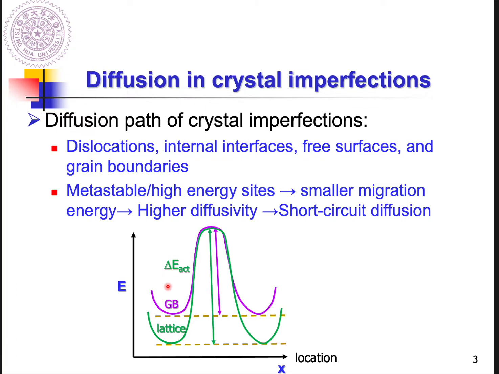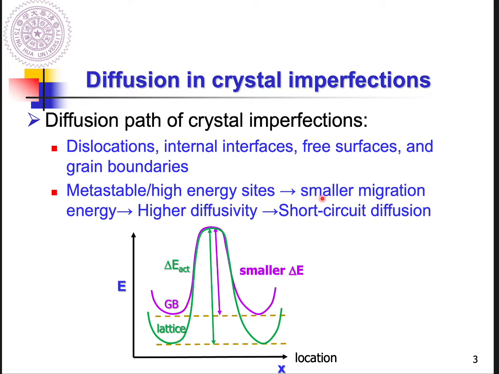For example, taking the grain boundary, when an atom is located at the grain boundary, this site has higher energy than that in the crystal lattice. So these atoms just need to overcome a smaller energy barrier, and then they can make a successful jump to the other side.